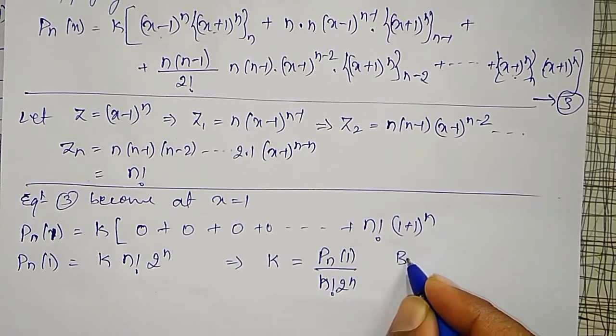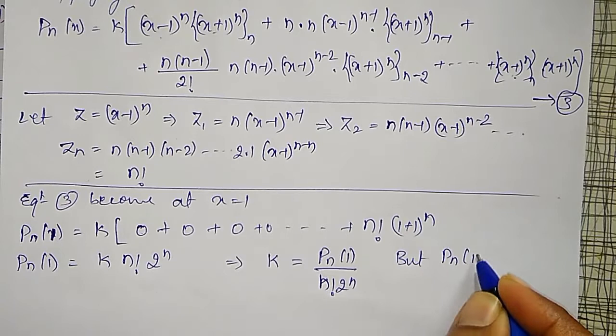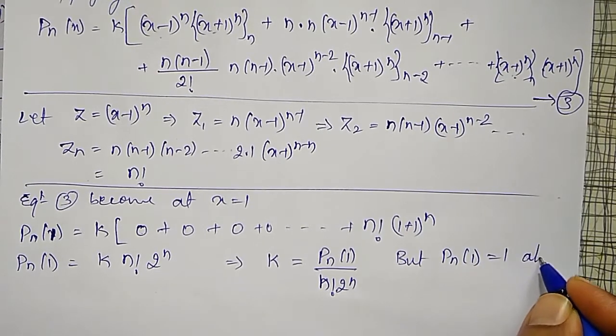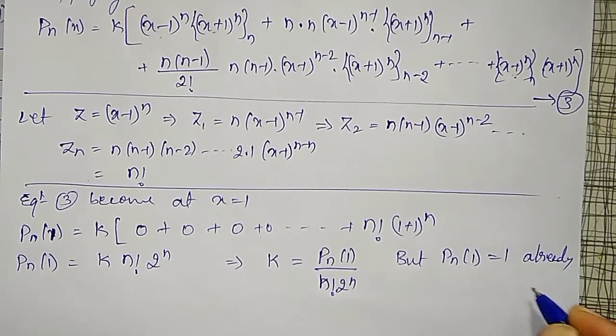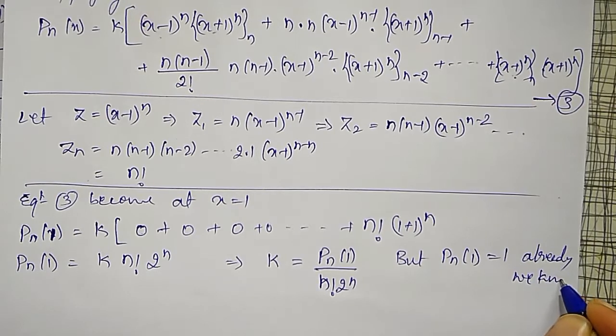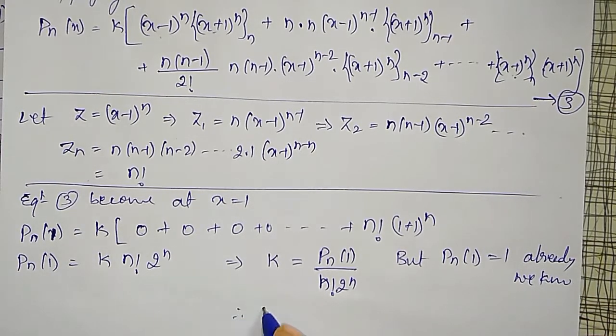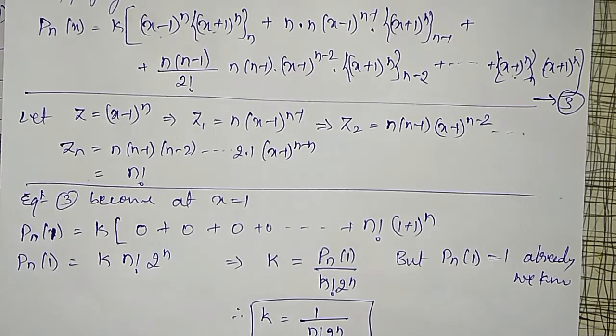But Pn of 1 is equal to 1, as we already know. Therefore k is equal to 1 divided by n factorial into 2 raised to n, correct?